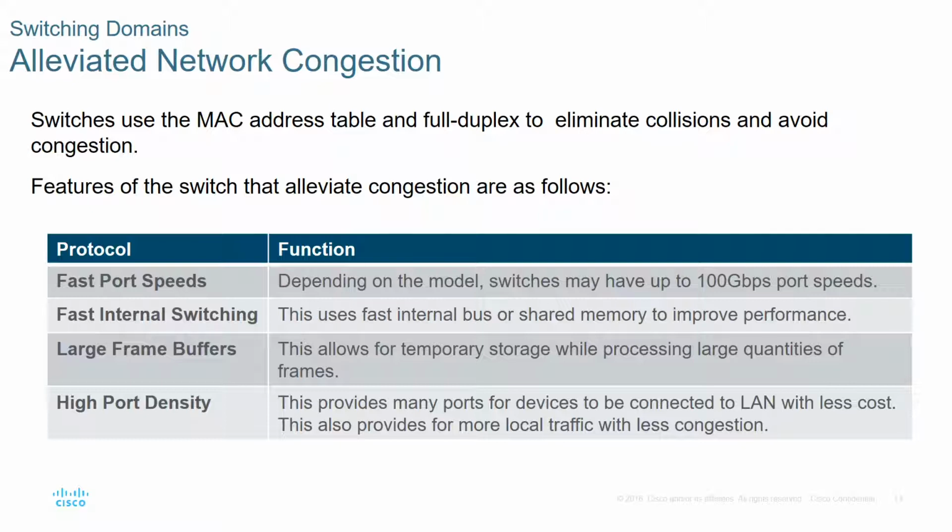This uses fast internal bus or shared memory to improve performance. Large frame buffers. This allows for temporary storage while processing large quantities of frames. High port density. This provides many ports for devices to be connected to the LAN with less cost. This also provides for more local traffic with less congestion.